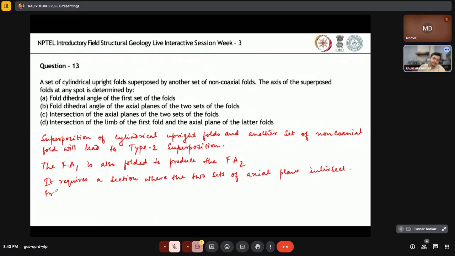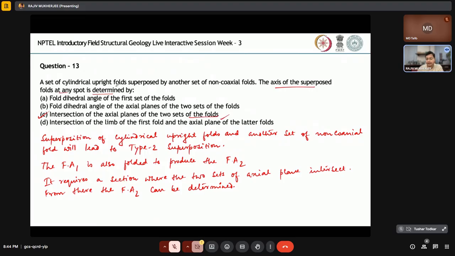From there, the FA2 can be determined. So that is why option C is the correct answer in this case, because the intersection of the axial planes of the two sets of folds will give us the axis of the superposed folds at any spot along the polydeformed terrain, right?